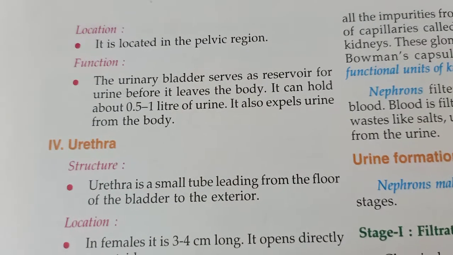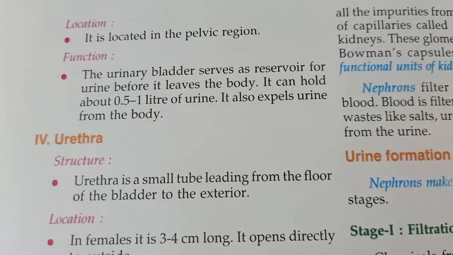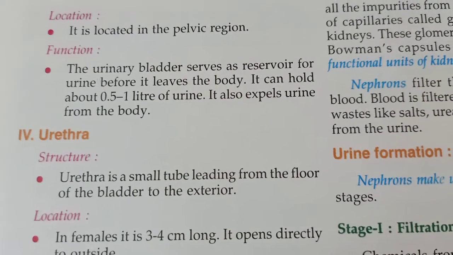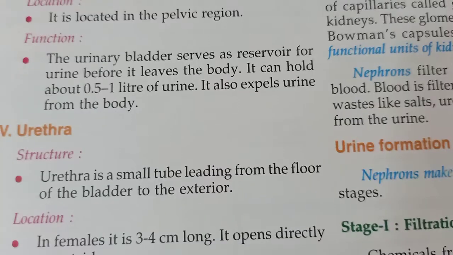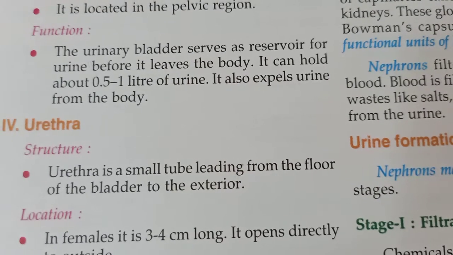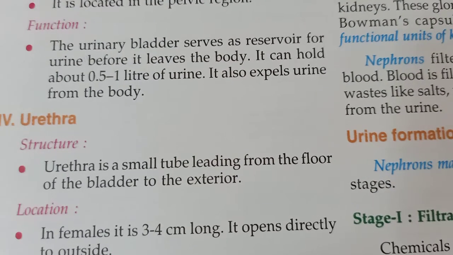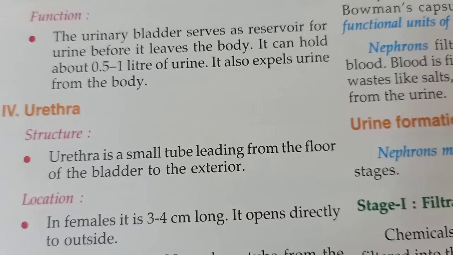It is located in the pelvic region, and the function: the urinary bladder serves as a reservoir for urine before it leaves the body. Reservoir means it stores the urine first in the bladder and then it comes out from our body.